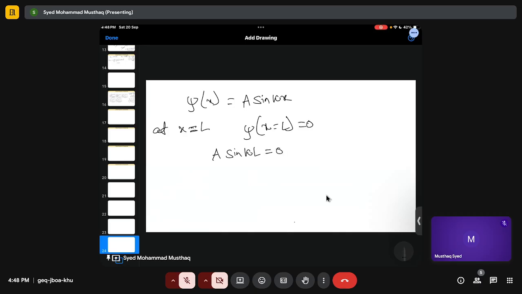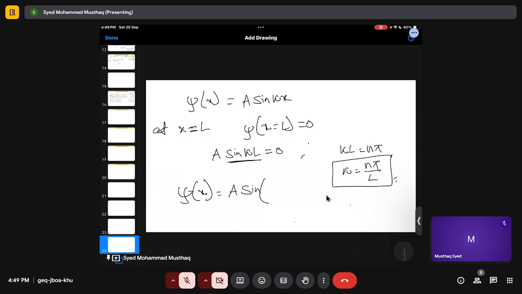Amplitude a cannot be 0; if amplitude is 0, then the psi function will die down, so it doesn't make any sense. Then sin kL should be 0. Sine can be 0 only when kL equals n pi. Then k will be equal to n pi by L. Then my psi of x should be equal to a sin n pi x upon L.